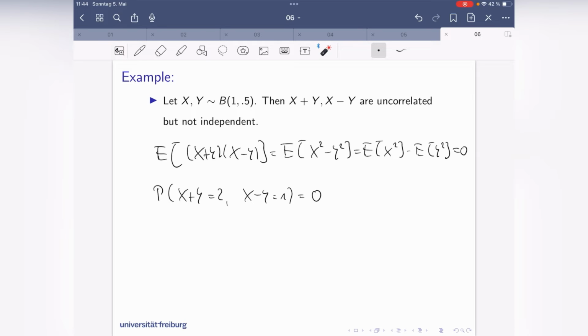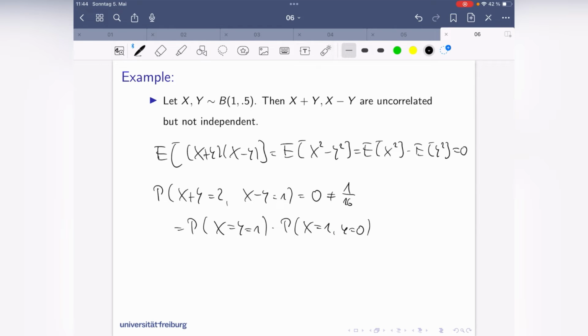So certainly this probability is 0, which is not 1 over 16, which is the probability I claim that x equals y equals 1 times x equals 1, y equals 0.